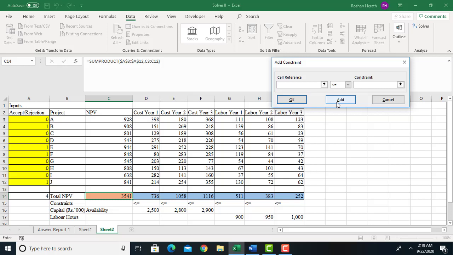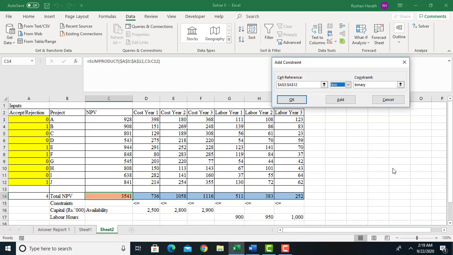It is not explicit, but you need to know that this acceptance and rejection should always be indicated by ones and zeros. So having selected this, you can say it needs to be binary. You know what binary numbers are? It's ones and zeros.